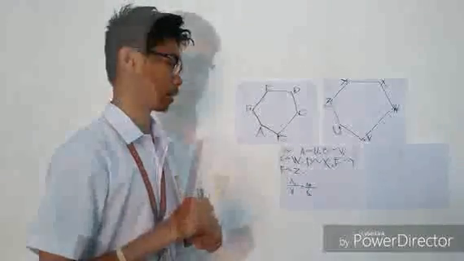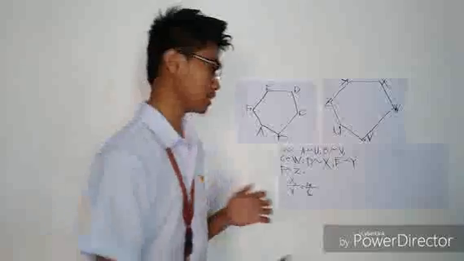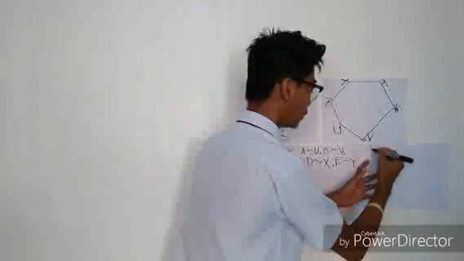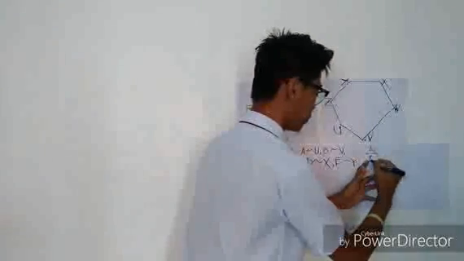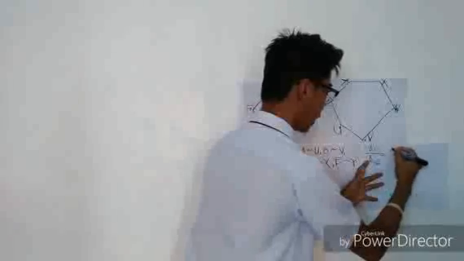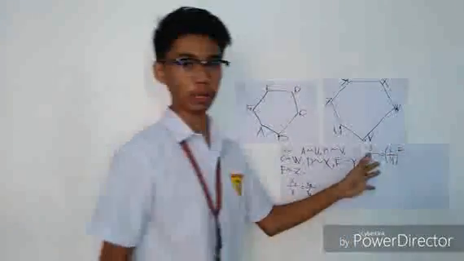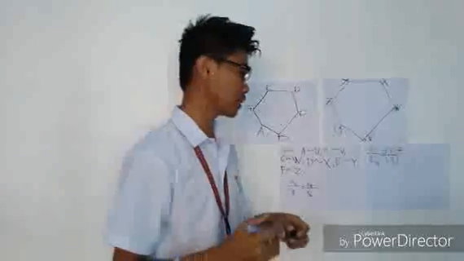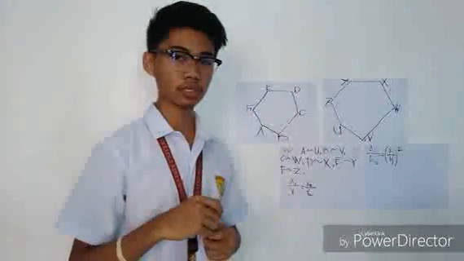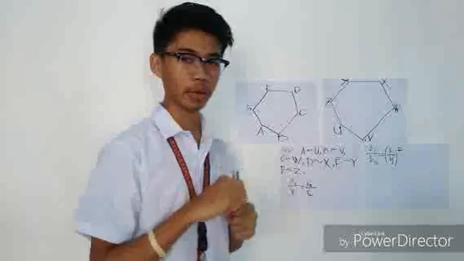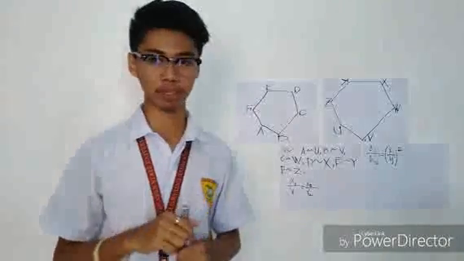The next equation is a sub 1 over a sub 2 equals (x over y) squared, wherein a sub 1 and a sub 2 are the areas of the two similar polygons, while x and y are the corresponding sides respectively.